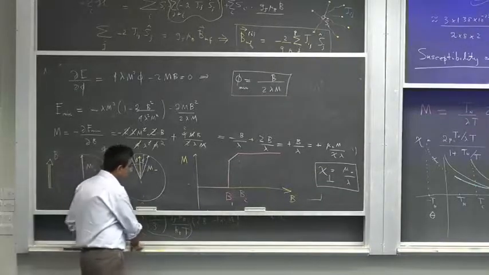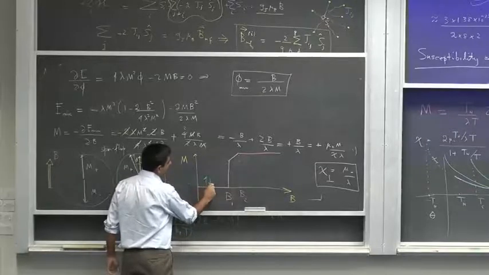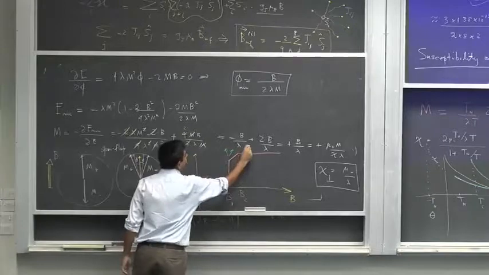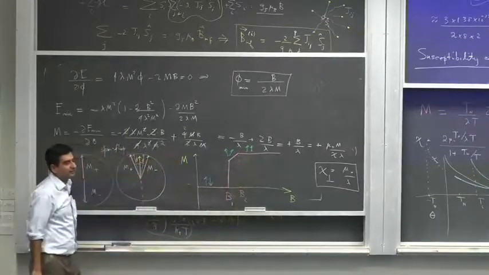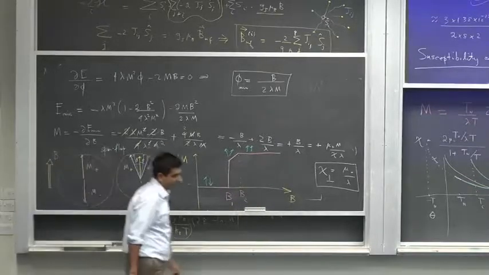So if you look at the spin configurations or the domain configurations, they are like this. Here they are like this, here they are canted, and here they are parallel. So this is a spin flop transition.